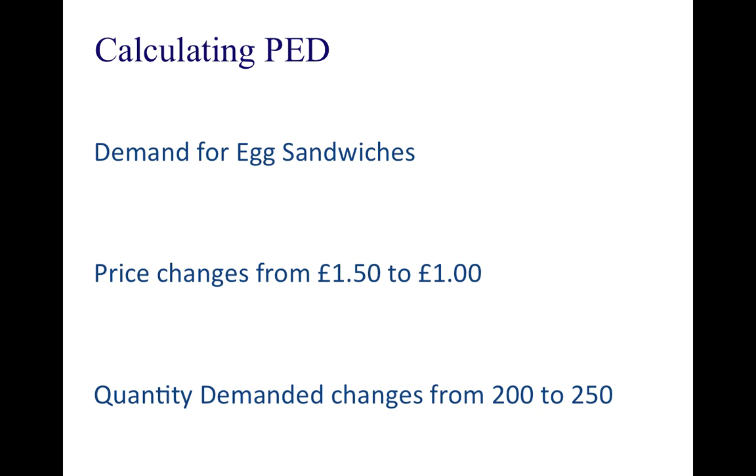So here's a little example that we can do about egg sandwiches, which are my favourite sandwich. If the price changes from £1.50 to £1, so we've had a decrease in the price, and the quantity demanded increases from 200 to 250, what is the price elasticity of demand?